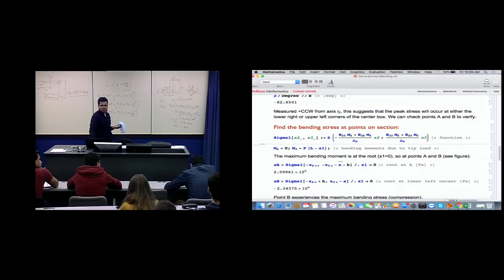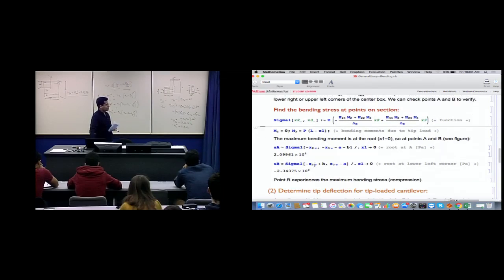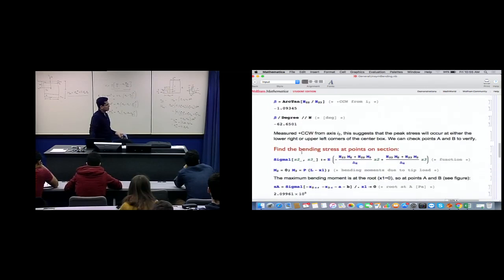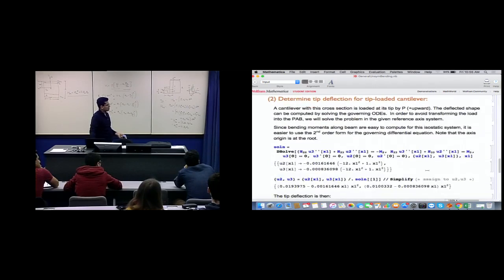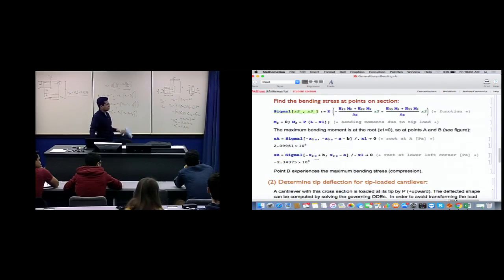Any questions about that? Just making a cut in the beam and evaluating what is the moment at that section. And then we are just substituting those values in the sigma expression which we wrote here to determine what are the stresses.